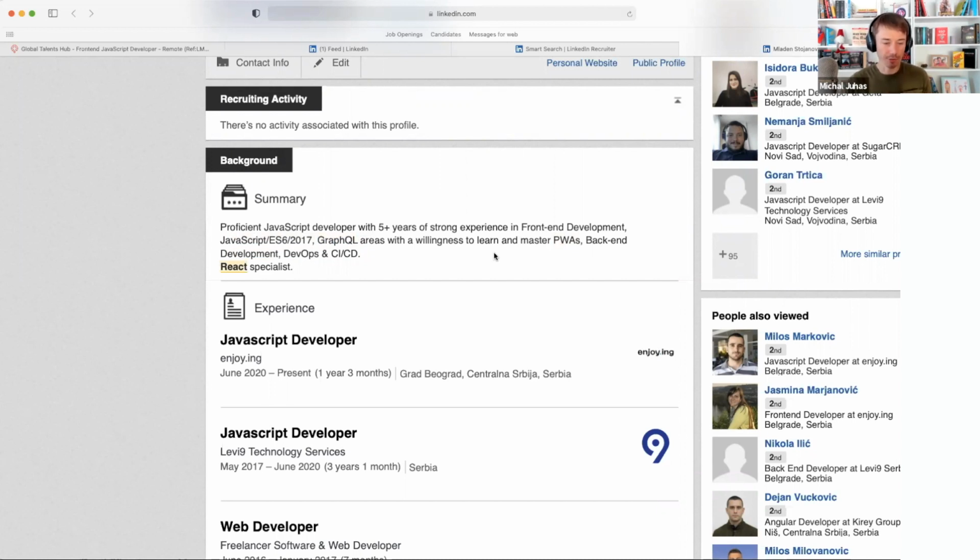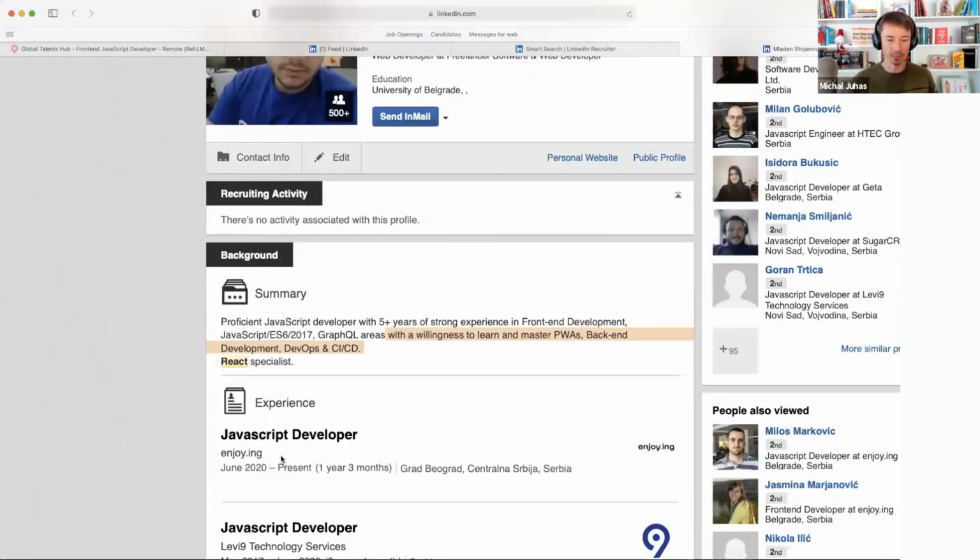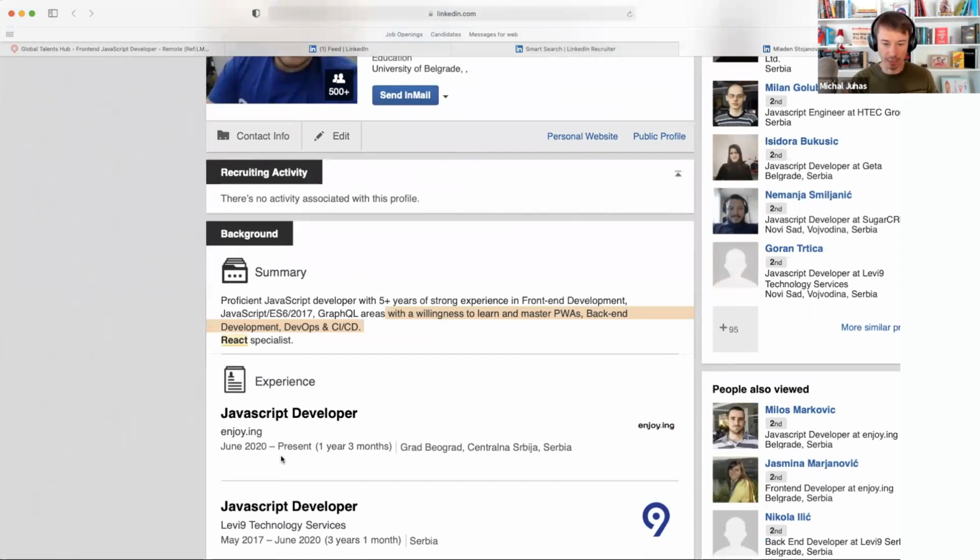This developer is also a front-end developer, but he apparently wants to shift, or is already shifting, to backend development and the DevOps setup. So he will become a full-stack developer.